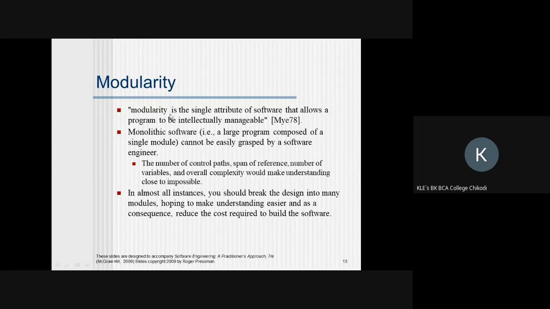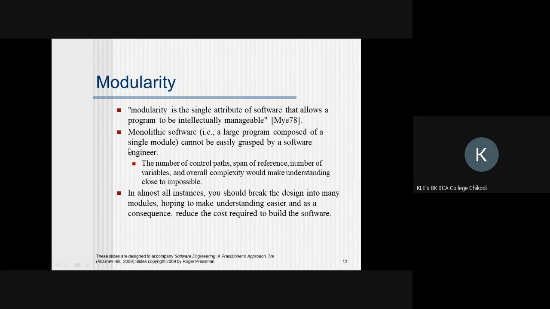Modularity. Modularity is a single attribute of software that allows a program to be intellectually manageable. Here modularity plays a vital role, because it reduces the complexity.